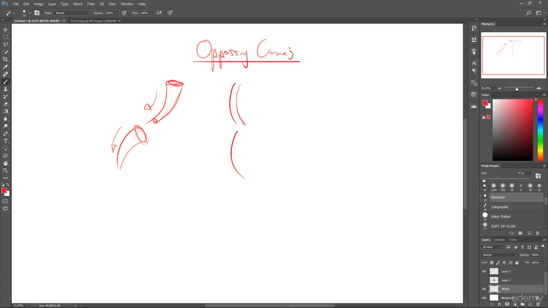It stops here, and then the energy has to start again, so it's like a pause in the energy flow. Boom, pause, and then it has to start again, boom, and it loses its flow. You can see the difference when we have something like this. The energy just keeps going when we have opposing curves happening.